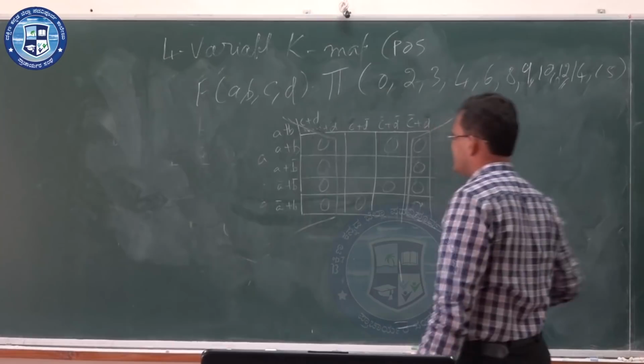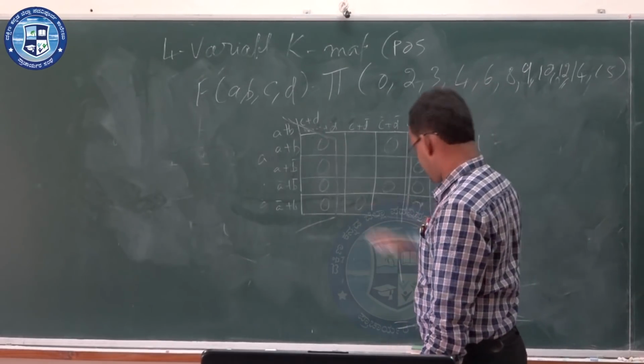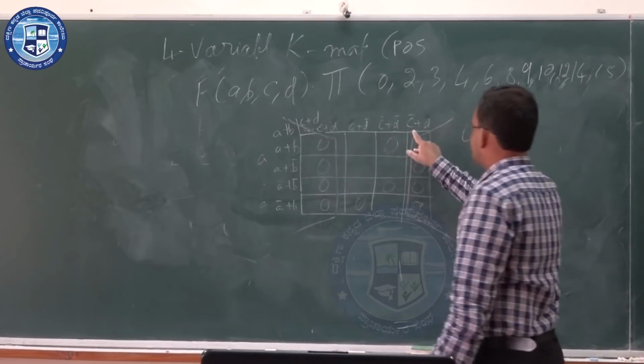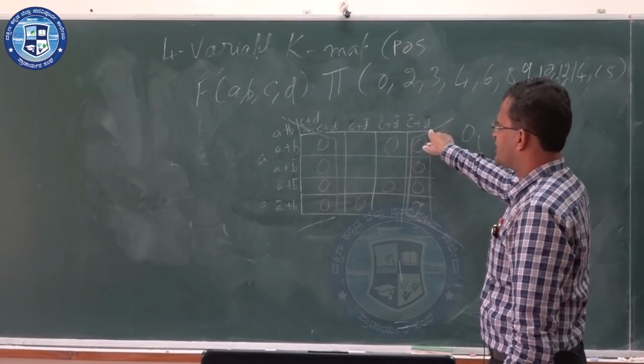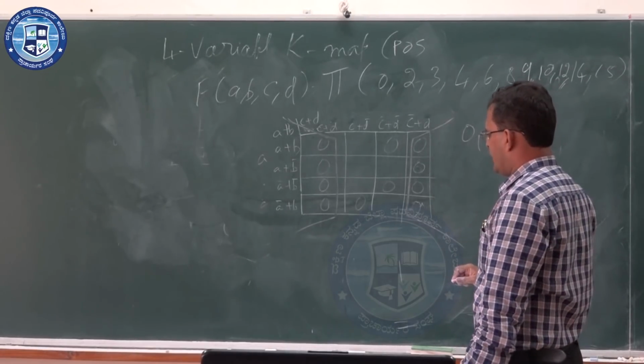So, entire thing gets cancelled here, and here it is C plus D, C plus D and C plus D, C bar plus D. So, D is the expression.